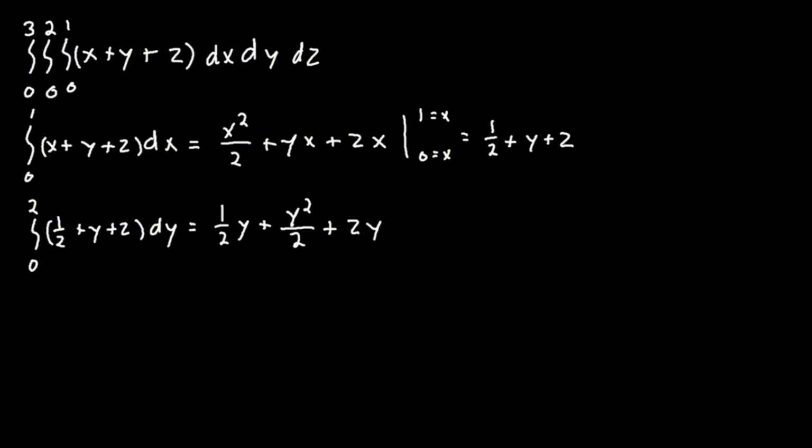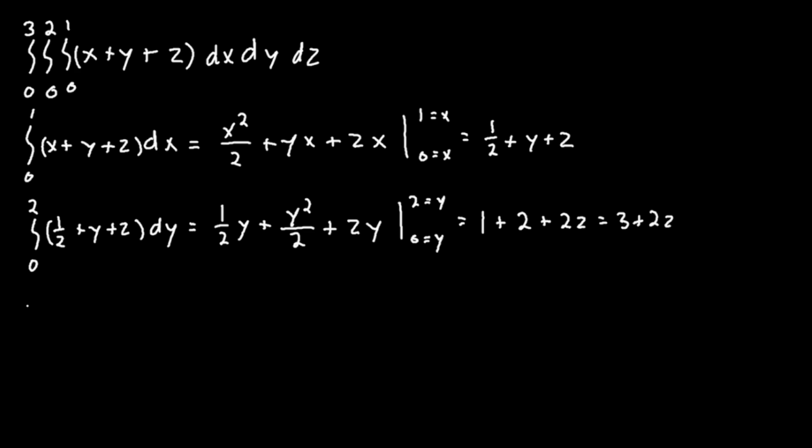And z is treated as a constant, so you just multiply z by y when you're finding the integral. Now our bounds are from 0 to 2. We plug in 2 because 0 cancels everything out. If we plug in 2 for everything, you get 1 plus 2 plus 2z, which is equal to 3 plus 2z.